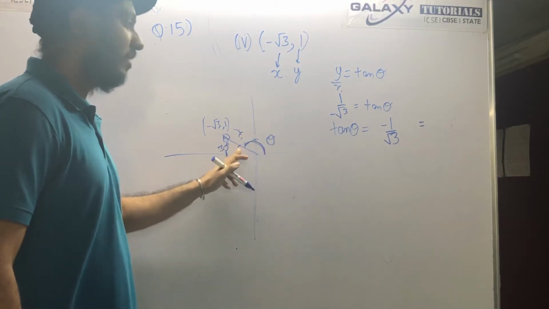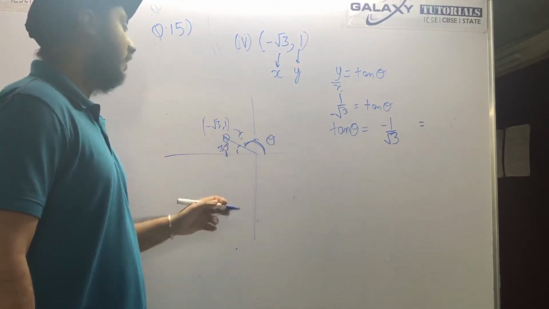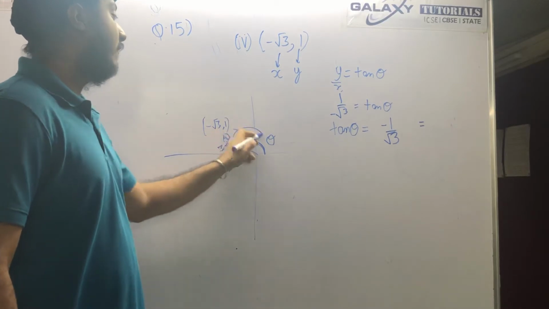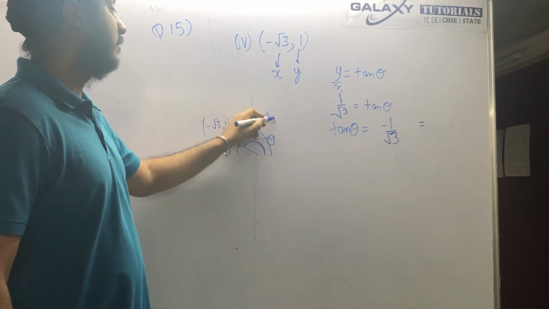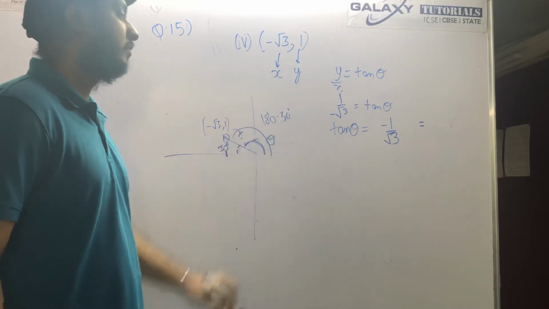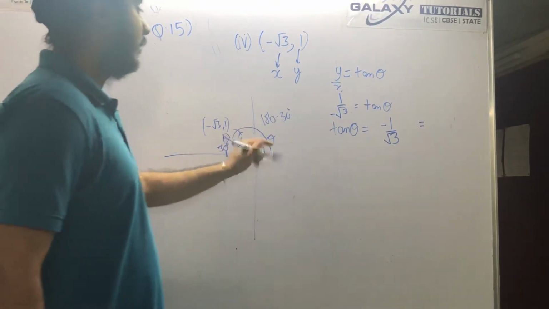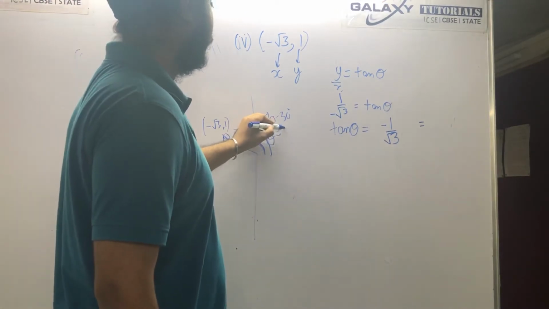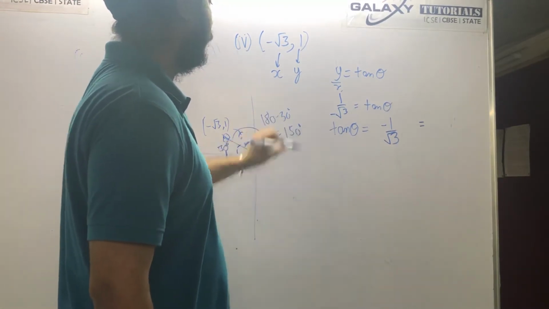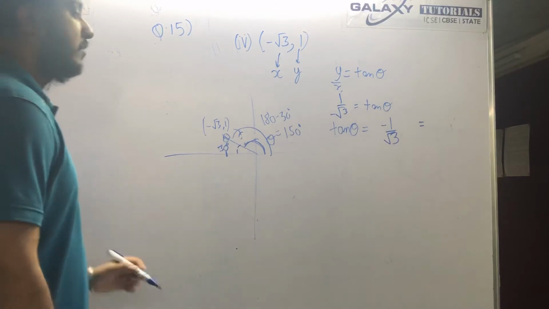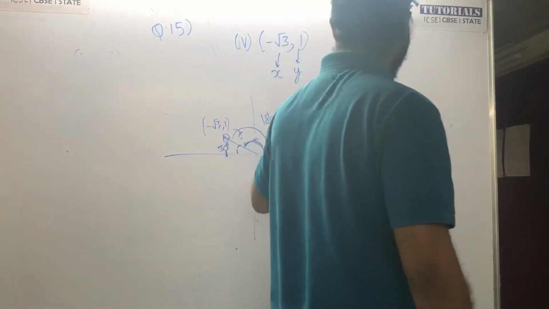If the reference angle is 30 degrees, the actual angle will be 180 minus 30 degrees. So it will be 180 minus 30 is equal to 150 degrees. So 150 degrees is the answer.